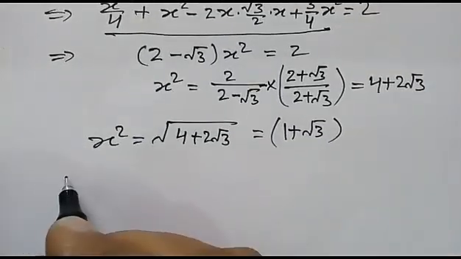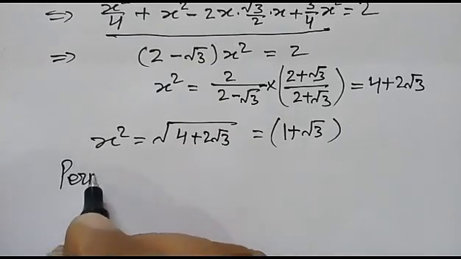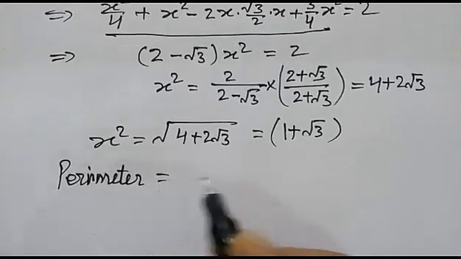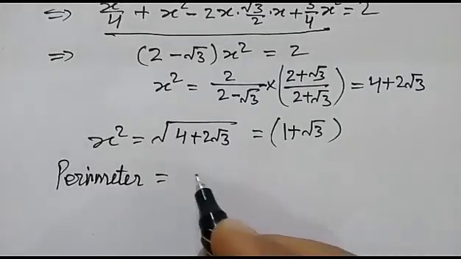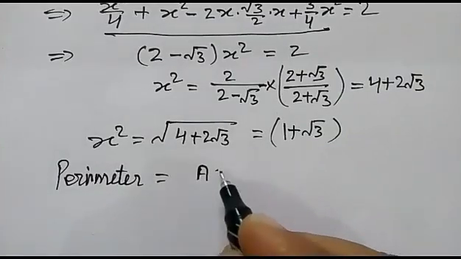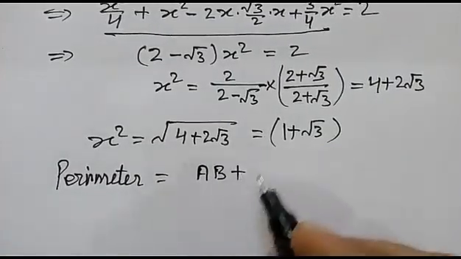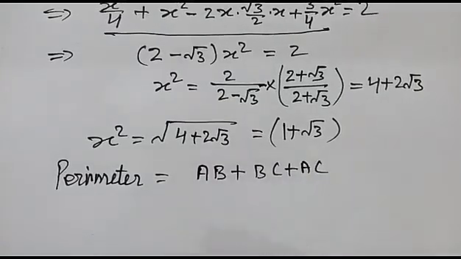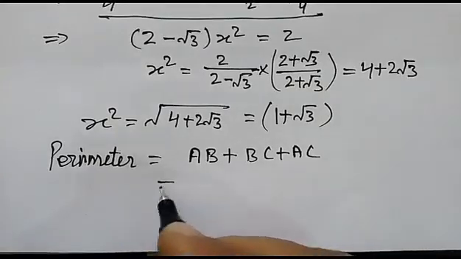Now perimeter will be equal to AB plus BC plus AC, right?